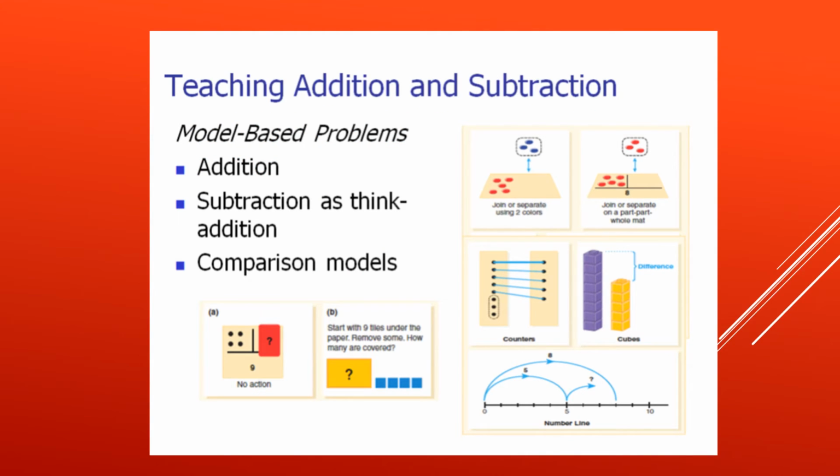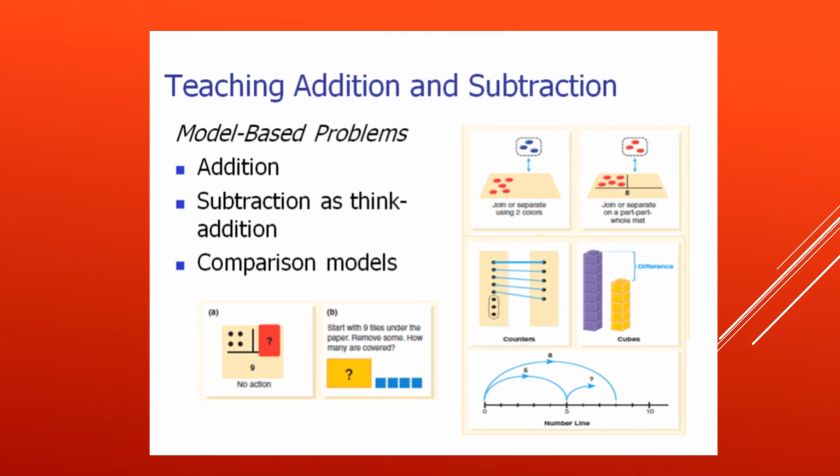So to teach addition and subtraction, I suggest using a lot of hands-on activities. Your book had several pictures, and I just copied a picture from there. You can use the part-part-whole, like in A, or B, which shows the part-part-whole. You can use the joining method, which is kind of like a part-part-whole if you're looking at the picture to the right.